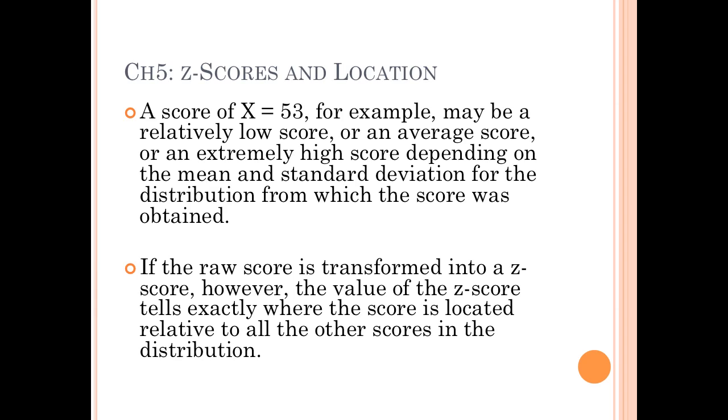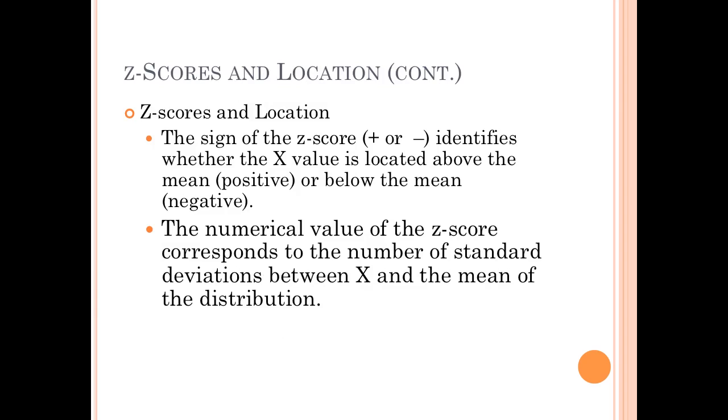A z-score of +1 is 1 standard deviation above the mean, and a z-score of -1 is 1 standard deviation below. The sign of the z-score, positive or negative, identifies whether the x value is located above the mean or below the mean.